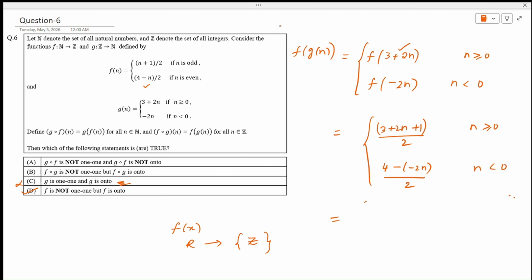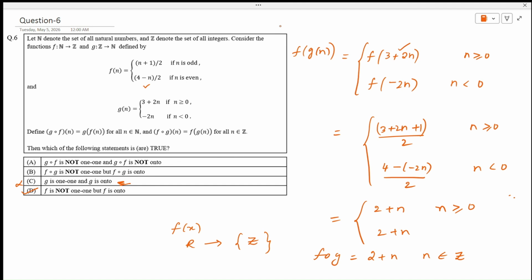So that is equal to 4 plus 2n by 2, so 2 plus n if n is greater than or equal to 0. And 4 plus 2n by 2 is also equal to 2 plus n. So clearly f of g is 2 plus n for n belongs to integers.